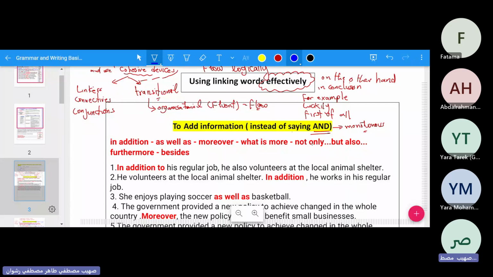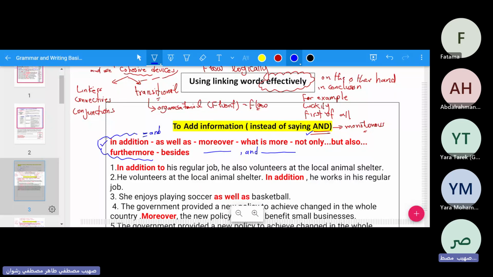Okay, we have some alternatives for the word and. We have some different ways to say and. So instead of saying a sentence, comma, and another sentence, we have various connectives or conjunctions that have the same meaning as and. What are they?